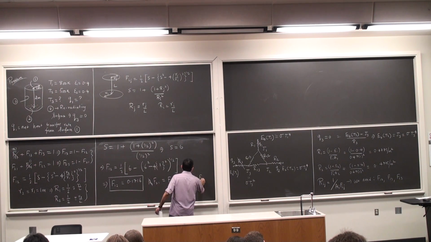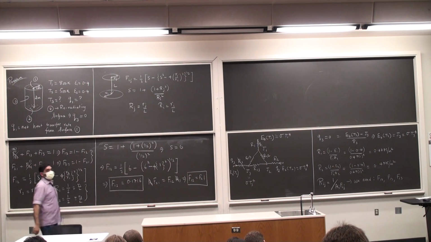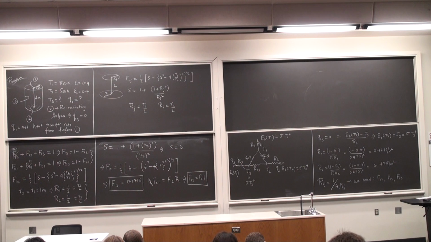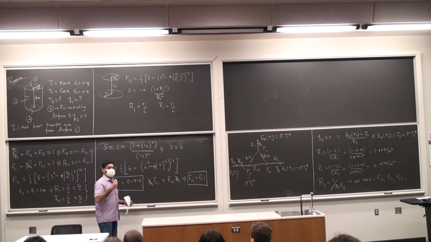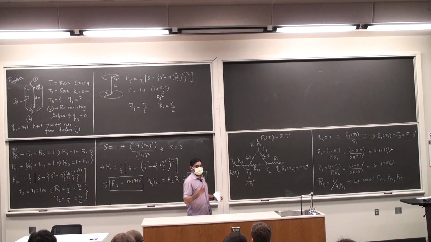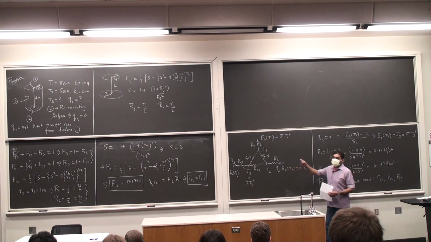F12 is equal to F21, so I don't need to go ahead and calculate F21 using this formula, but in case this was a conical tank of some kind, then the top surface and the bottom surface will not be the same. So that's an idea for an example. So you have to do this calculation twice.